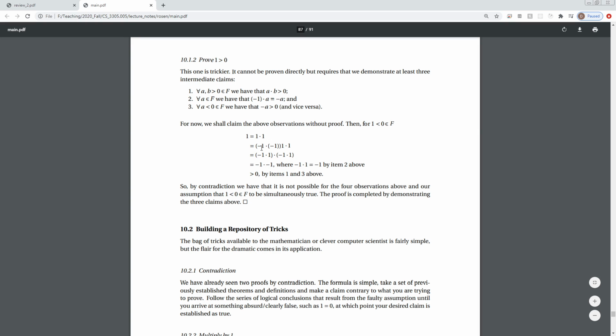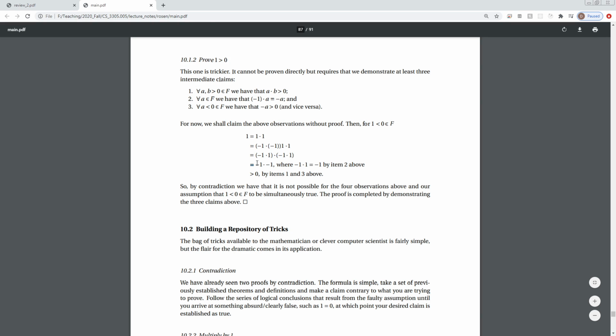Okay, so now we commute, and we have this 1 times this -1, and this 1 times this -1, and we end up with this. From this, we have that this is -1 and this is -1, so we get this.